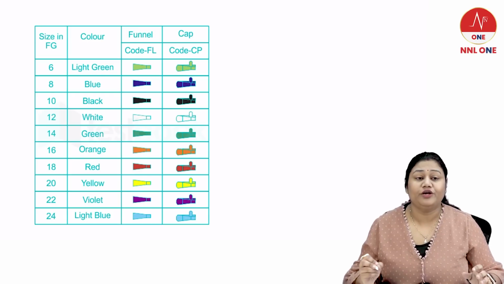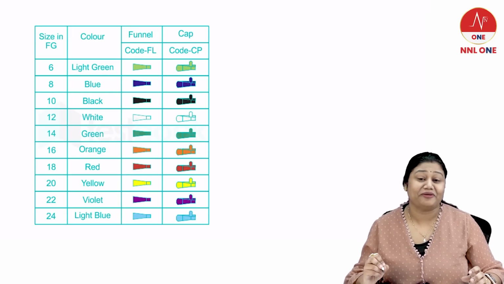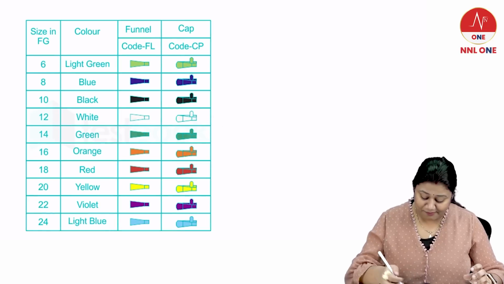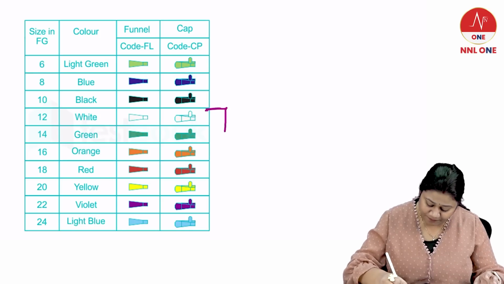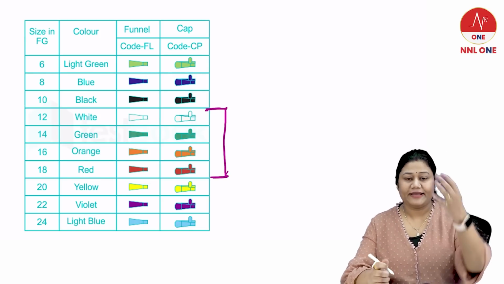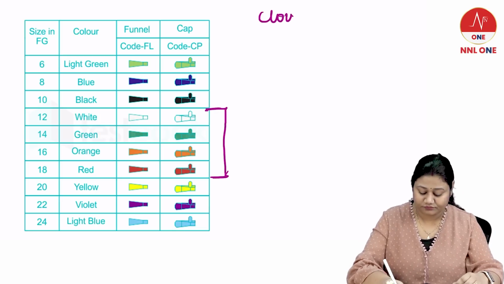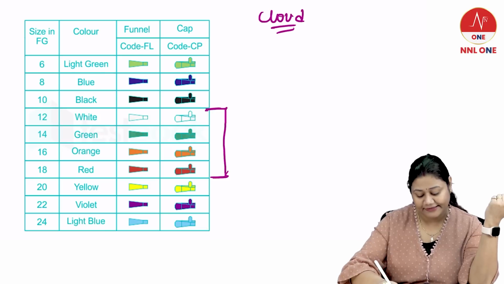Do we need to remember the color? The answer is yes, we do have to remember the color. So what is the trick for remembering the color? Don't remember the entire color chart, just start from 12 French till 18 French, right? First you have cloud. In the sky we have cloud, which is white in color.